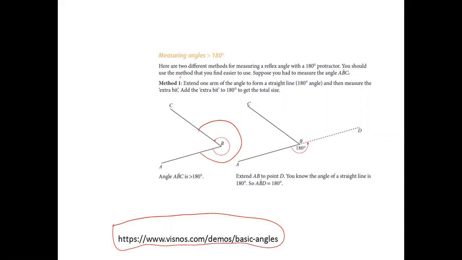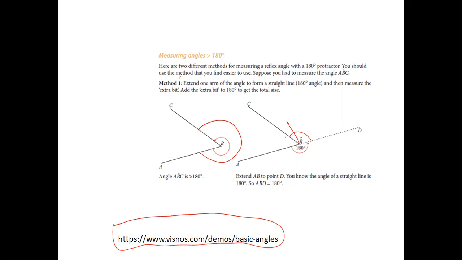Then measure the extra bit and add it to 180. The extra bit, this angle, is approximately 90 or a bit more, because it's an obtuse angle.